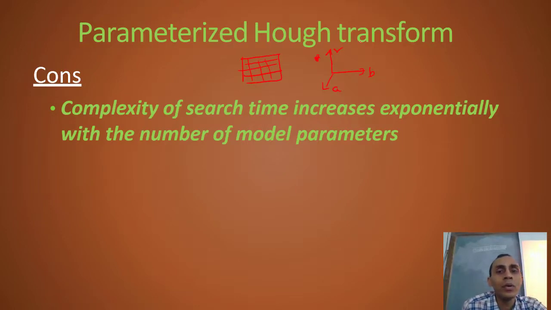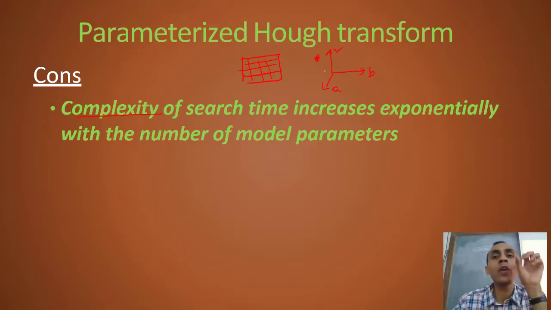So the complexity of this Hough space, and the search within that space, will increase exponentially with the number of model parameters. As the model parameters increased, the voting procedure became more and more difficult.